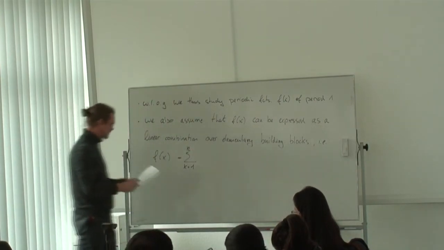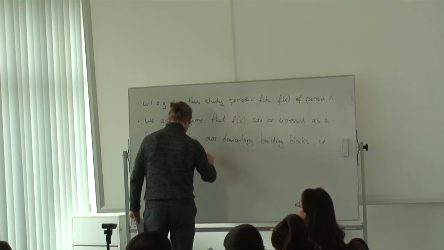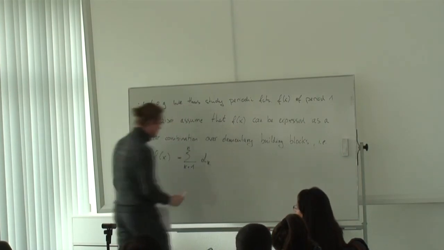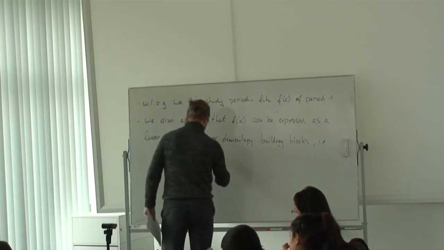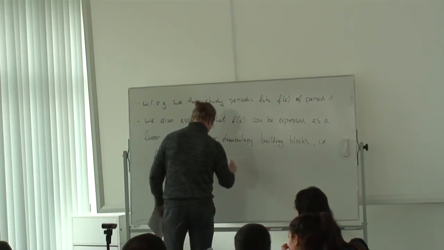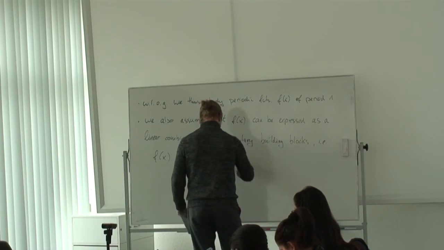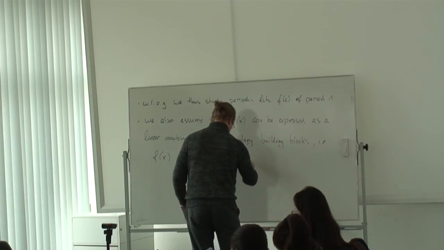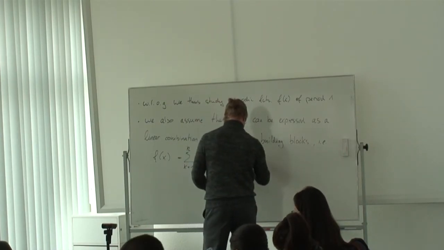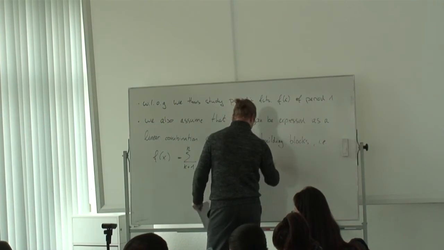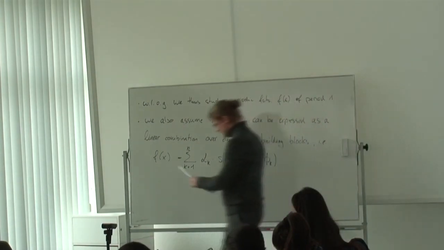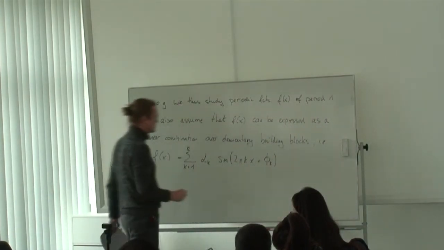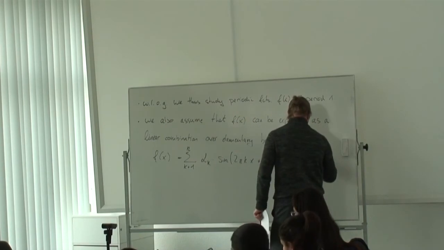And we have a coefficient alpha k, Greek letter alpha, times sine of 2 pi k x plus phi k. Here's another Greek letter, phi. And this is called equation 4.